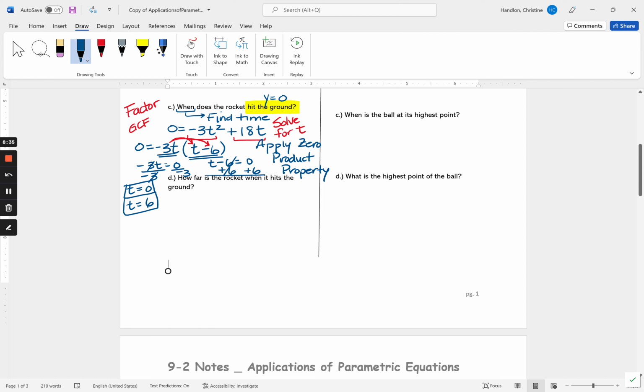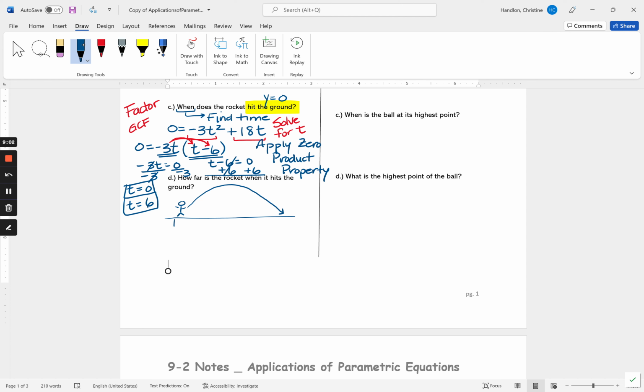Well, we know that our rocket is going to have some sort of parabolic effect. So what do I mean by that? Let's have a little visual here. Here you have this person shooting off a rocket. They're standing on the ground and they shoot off this rocket. The rocket makes its way up into the sky and eventually it lands somewhere.